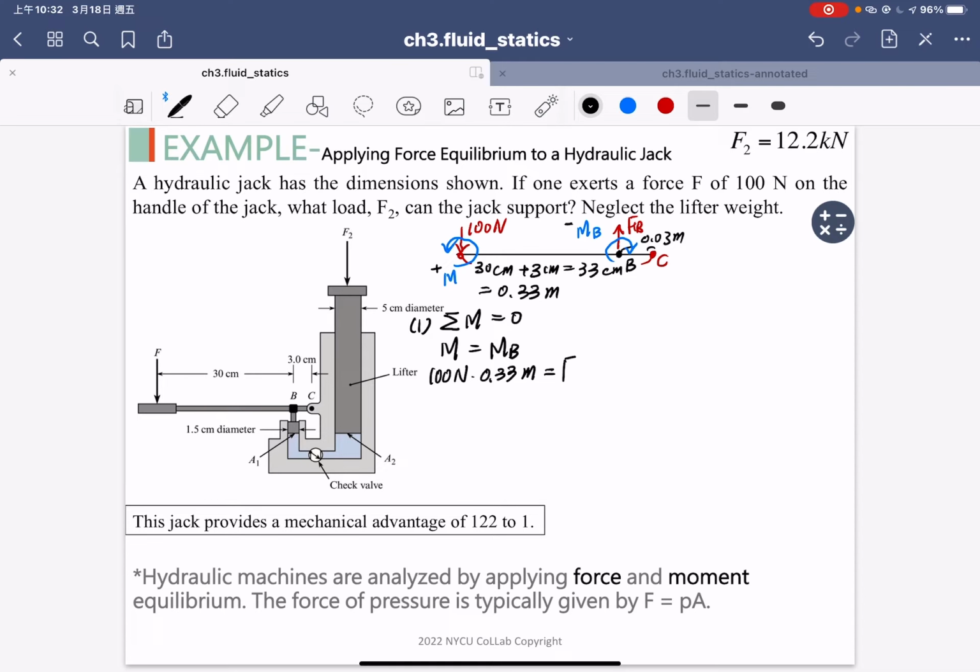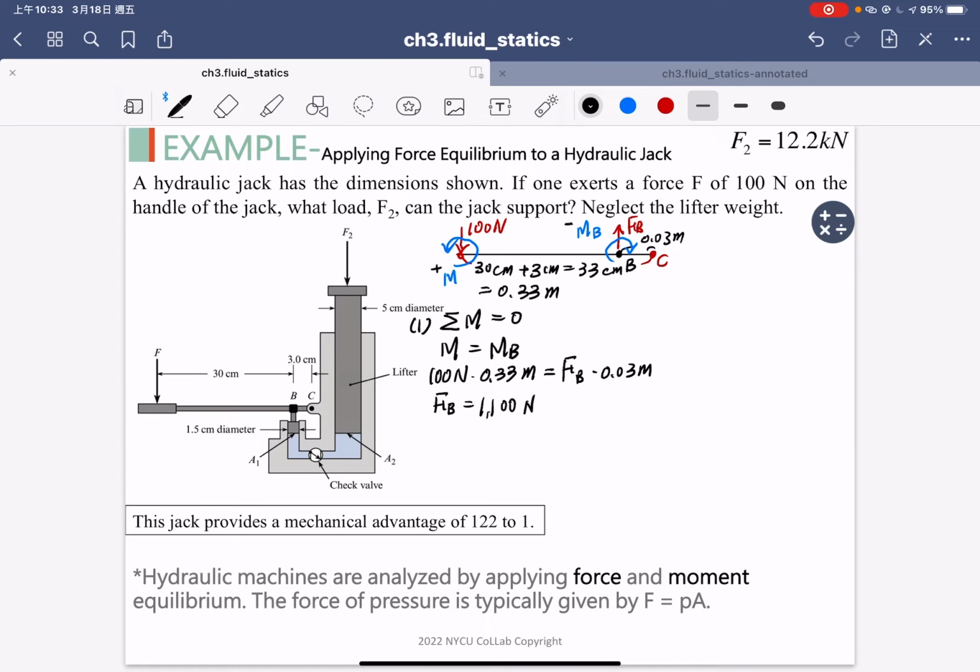So I use the parameter FB in here, but we know the length is 0.03 meters. So based on this equation, we can find out how large the FB force is. I check the number with my calculator, and it's equal to 1100 Newton.